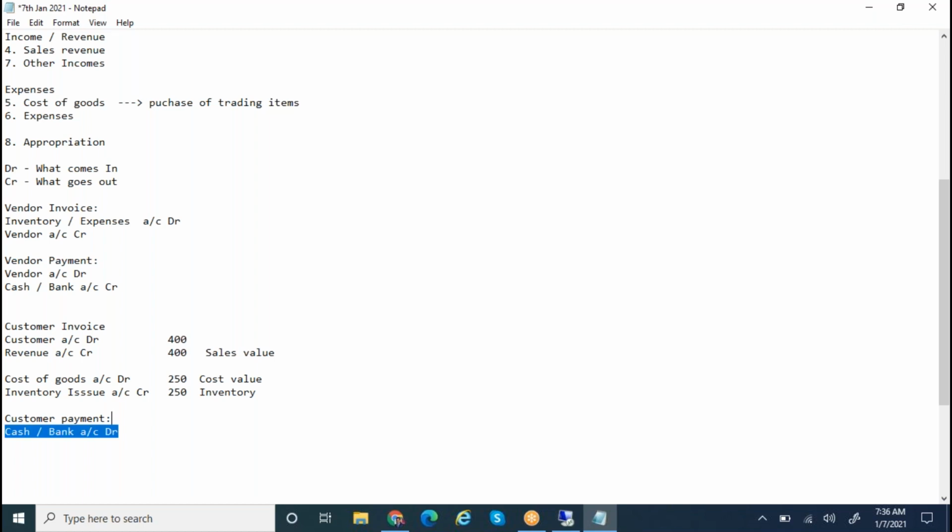Customer is doing payment, I will receive money. So my cash or bank balance will be increased and customer will be automatically credited. So this is debit. If customer paid, that balance will become 0.